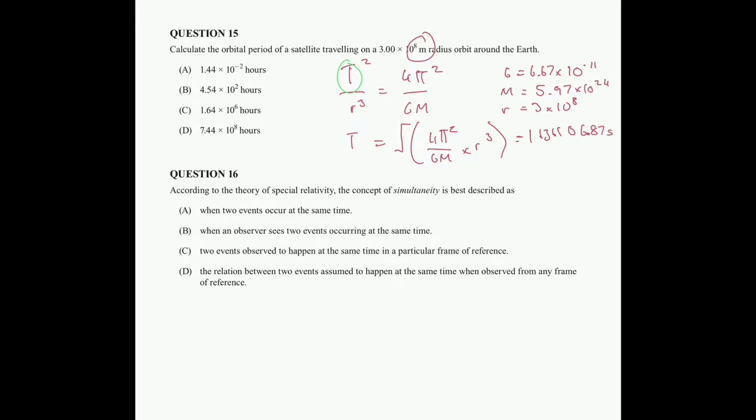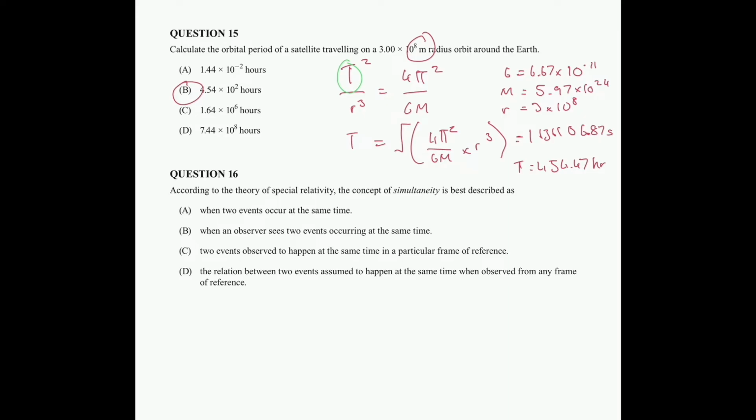From there, we need to convert it into hours. So seconds to minutes is divide by 60, minutes to hours is divide by a further 60. And we end up getting our time is equal to 4.47 hours. Our question looks like it has two significant figures, so it goes down to 4.54 times 10 to the power of 2. So we're left with option B.